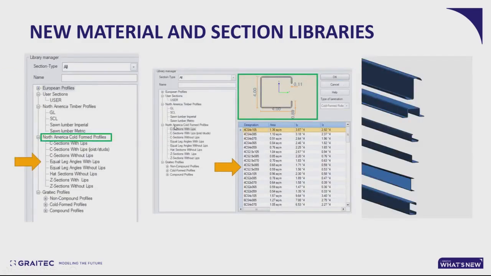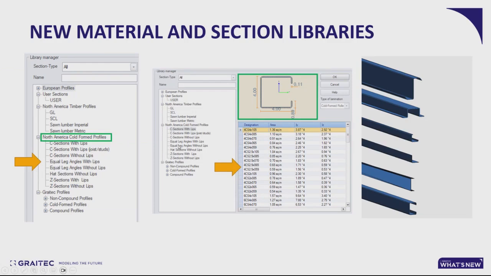Same scenario for sections. In order to assign cold form sections to your project, you go to the library of sections in Advanced Design, and you will find a new entry called North American cold form profiles. Currently we have all of the standard library sections: C sections with lips, or with joists and studs, and C sections without lips. We have equal leg angles with lips and without lips, hat sections, and two types of C sections as the main families of cold form sections.